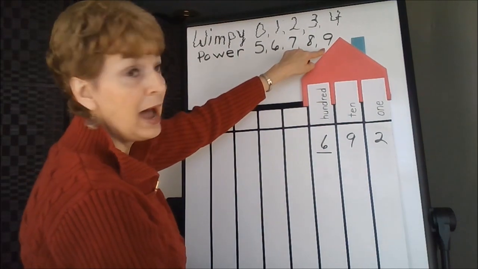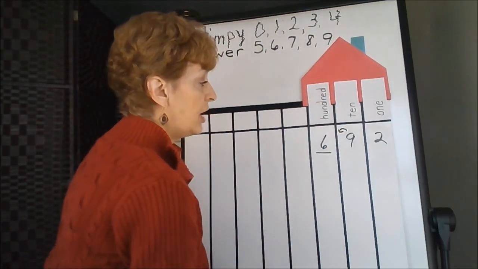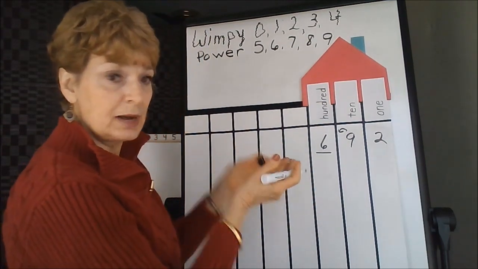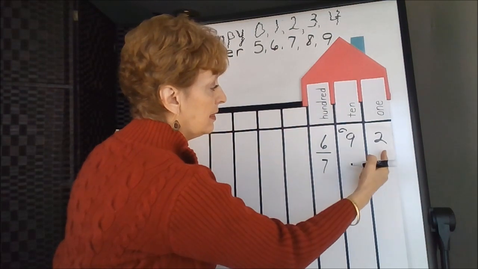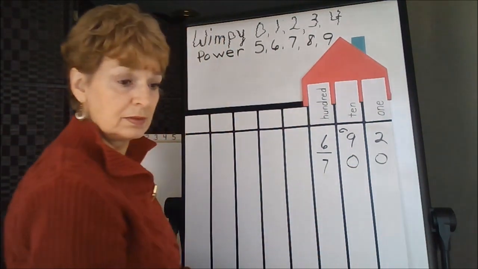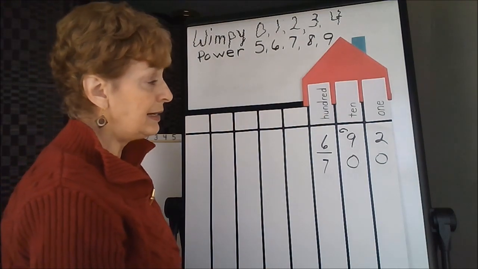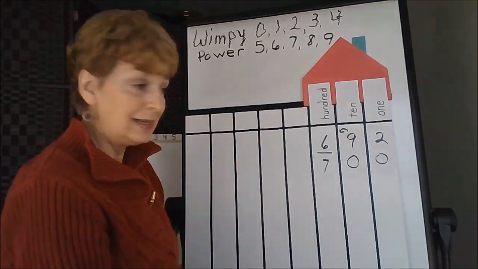A 9 is a power number. So 9 has the ability to change the 6. It bumps it up 1. So 6 becomes a 7, and these numbers to the right go neutral at 0. 692 is closer to 700 than it is 600.